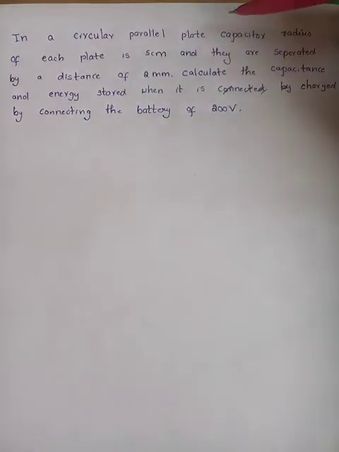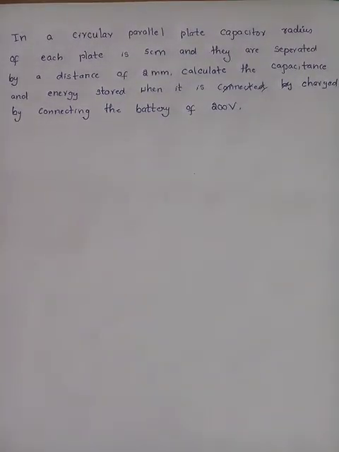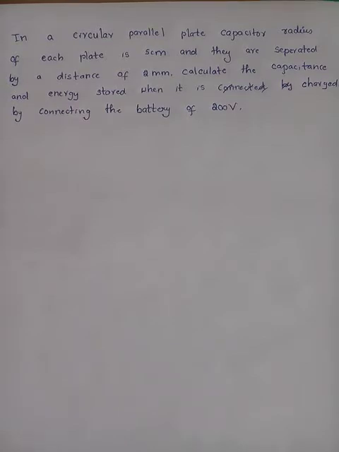In a circular parallel plate capacitor, the radius of each plate is 5 centimeters and they are separated by a distance of 2 millimeters. Calculate the capacitance and energy stored when it is charged by connecting to a battery of 200 volts. They clearly said that the capacitor is of circular shape. So what is the radius of each plate?